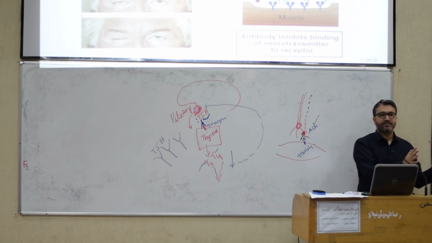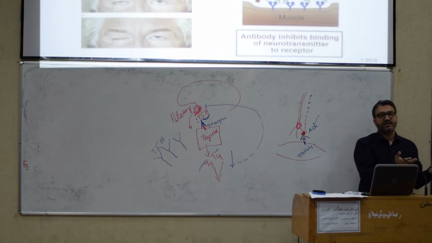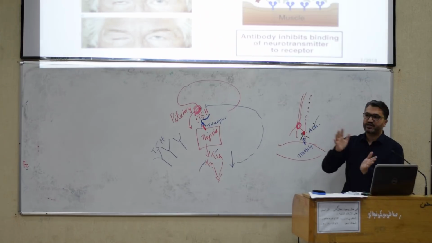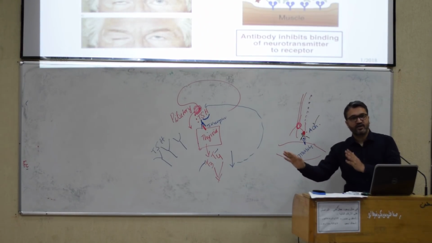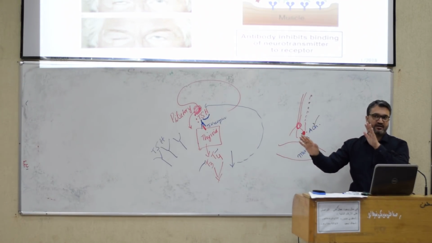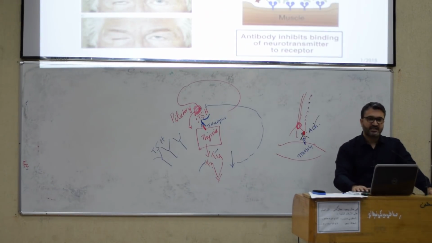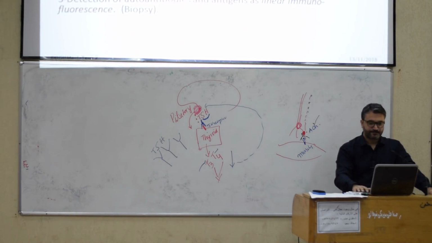In some examples, it causes destruction, which is why it is mainly called cytotoxicity. On the other hand, it alters the function, either blocking or enhancing. So these are some clinical examples of type 2 hypersensitivity.